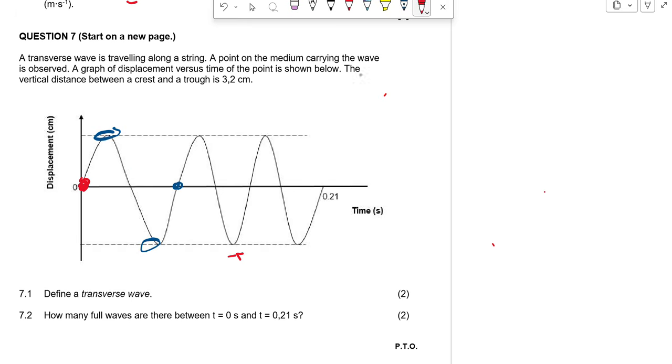So again from this point to this point, another wave. Why? We have a crest, we have a trough. And then again from this point to this point, it's another wave. Why? We have a crest and a trough. So how many waves do we have? So the answer to 7.2 is three waves.